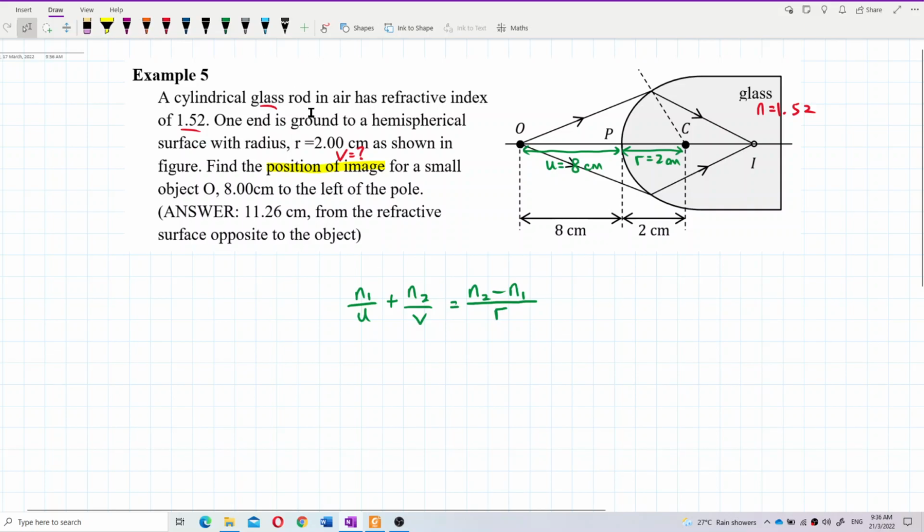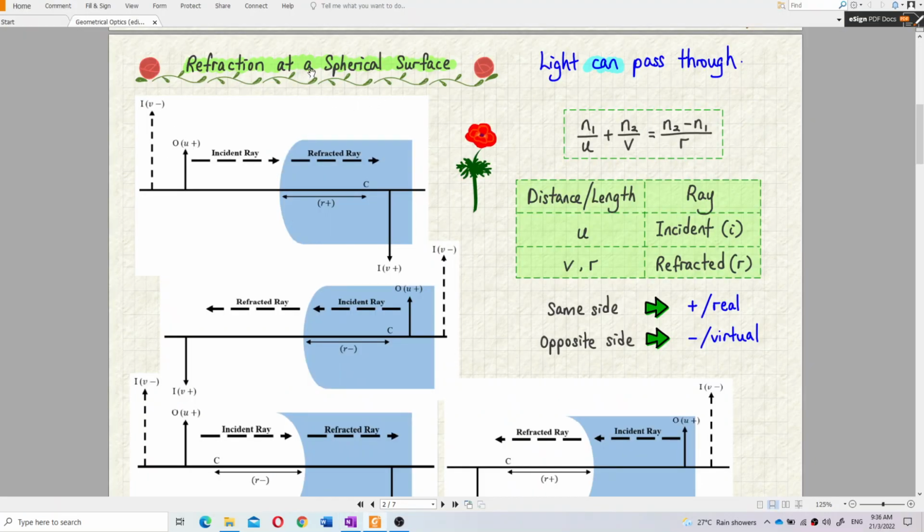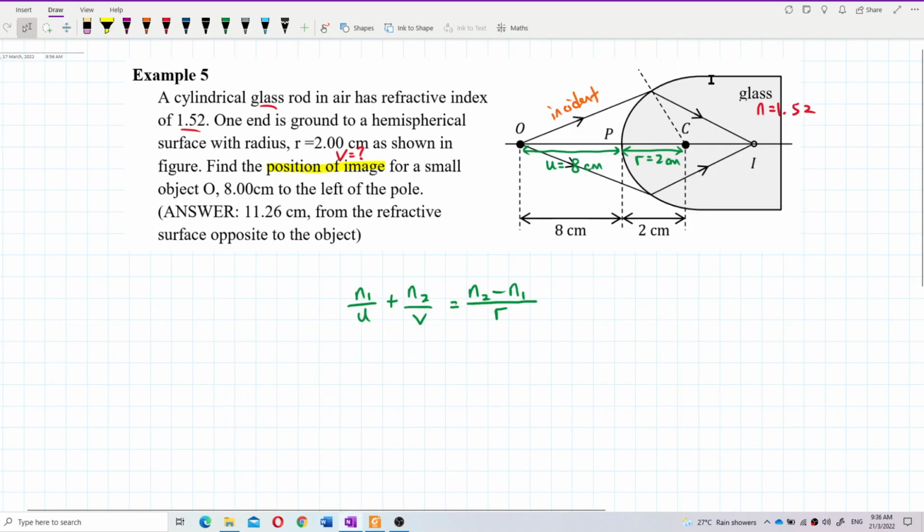Which one is the incident ray? The incident ray is from the object, so the ray coming out from the object is the incident ray. Remember, in refraction the light can pass through. It's not a mirror.